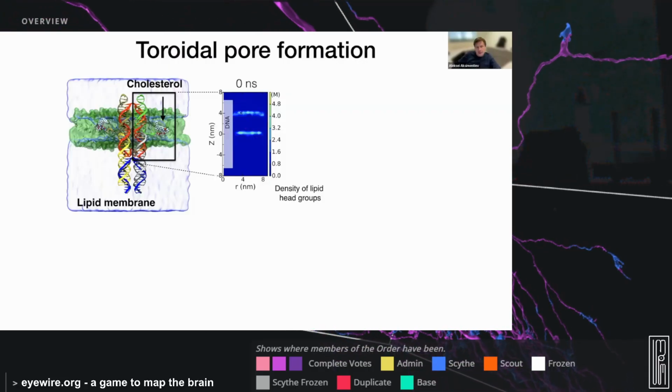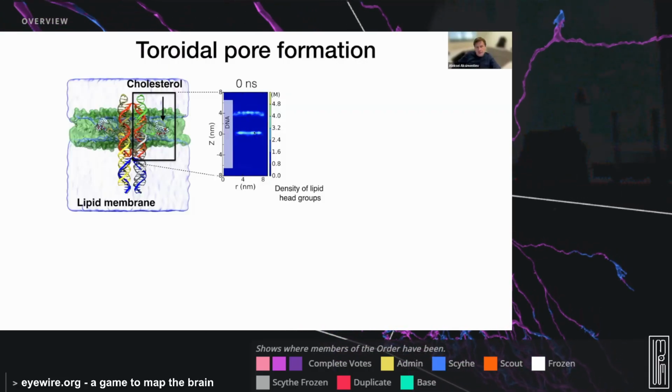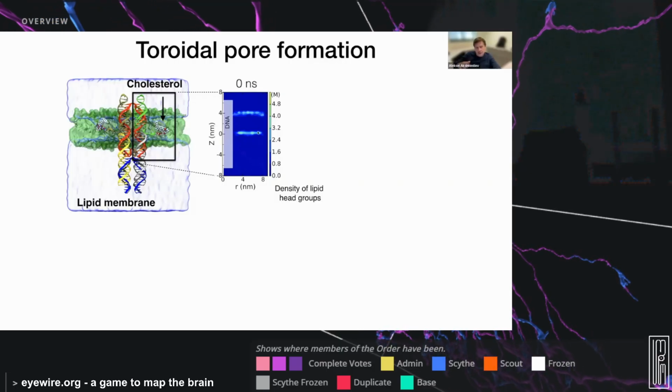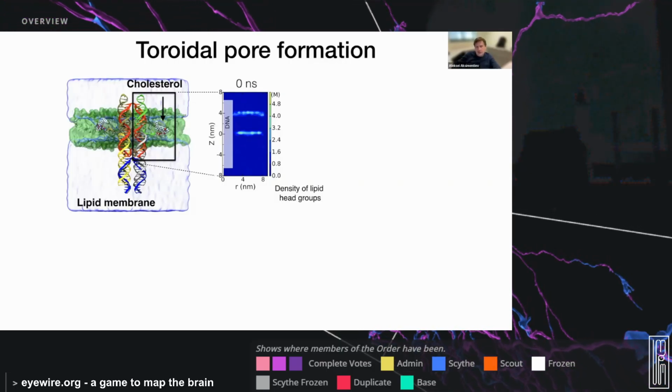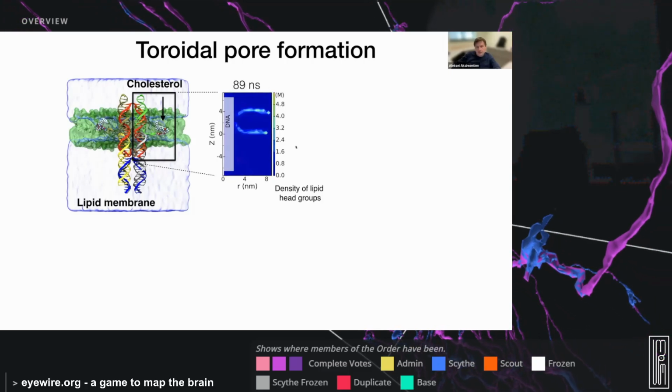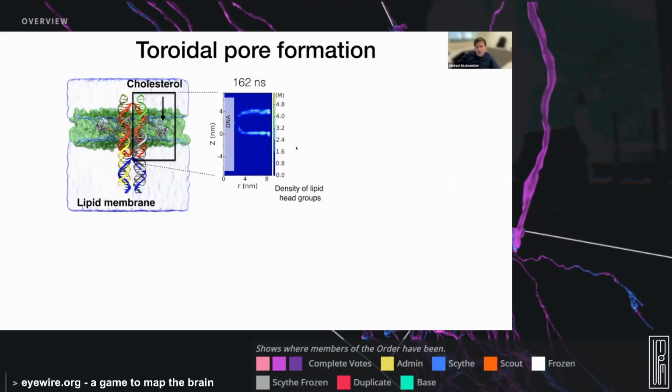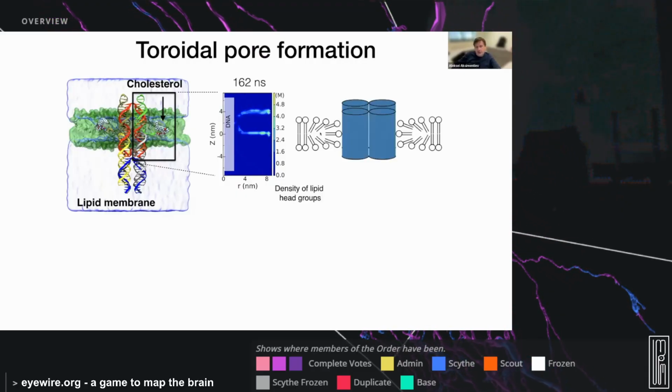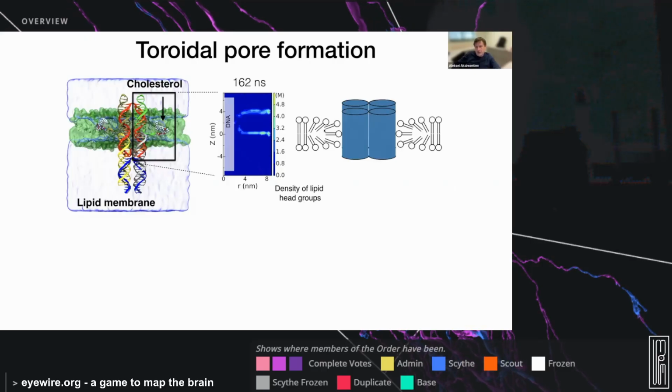So those are lipid head groups, so they're all kind of positioned parallel to one another. But as the simulation progresses, the lipid membrane changed its shape, so it kind of curved, which is schematically shown here.